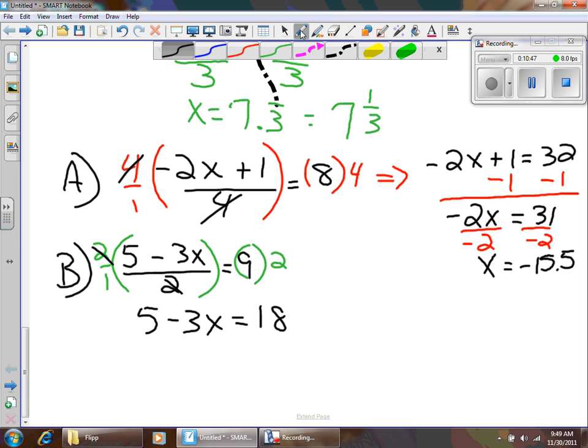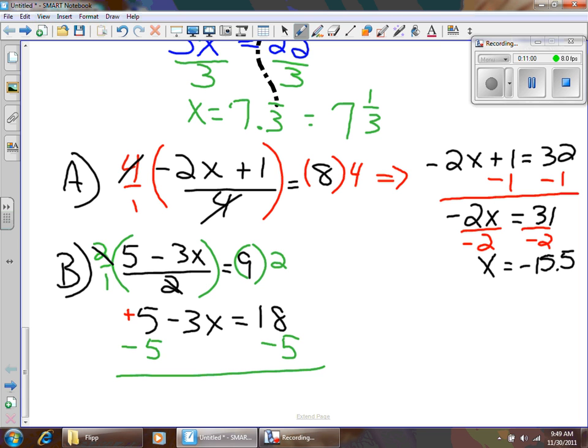Saddam tells me to get rid of the addition first. Remember, this is addition. Why? Because it's a positive 5. 5 is attached by addition. So I will subtract 5 from both sides. When I do so, I will end up with negative 3x, because those canceled, equals 13.